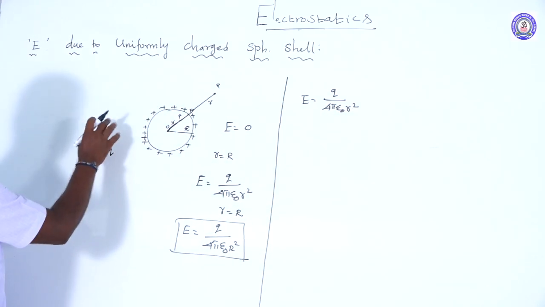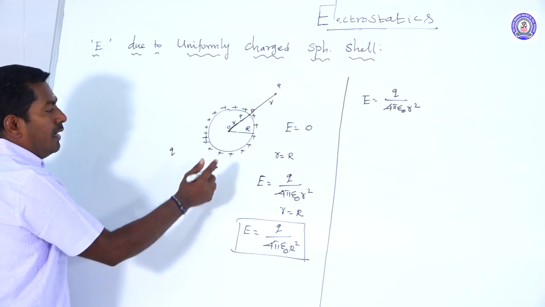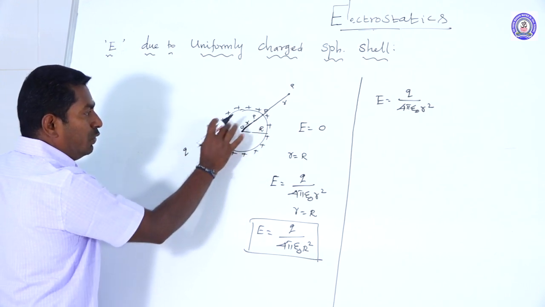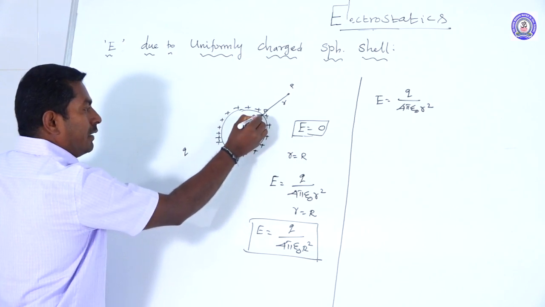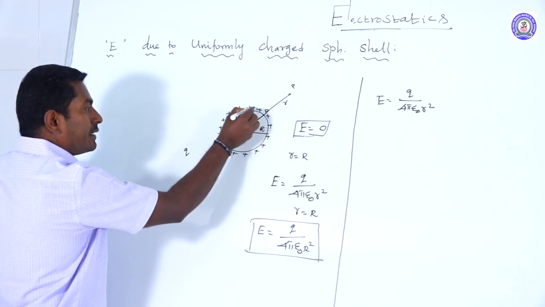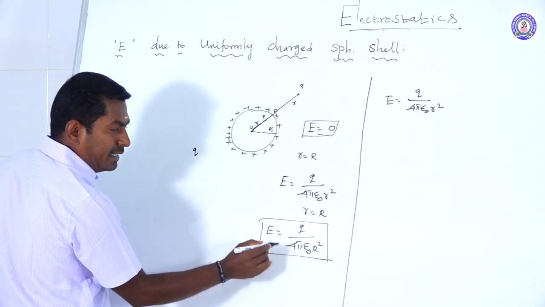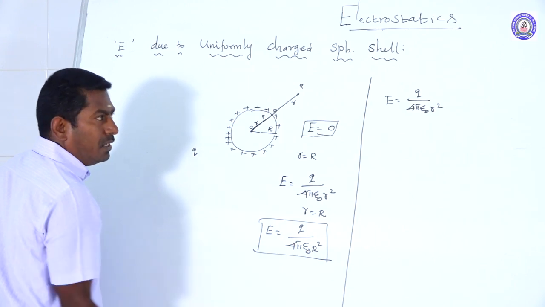So, in this case, electric field due to the uniformly charged hollow spherical shell at the center, not only the center, at any point inside the shell, electric field intensity is 0. At the point chosen on its surface, the electric field intensity is maximum, E is equal to Q divided by 4 pi epsilon naught R square.